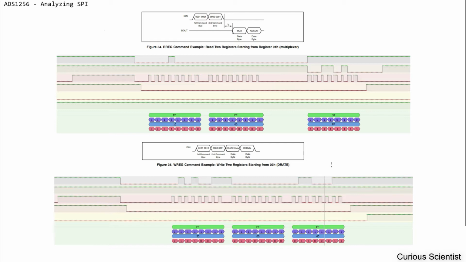Basically I have a microcontroller, which is now not an Arduino but an STM32F103, or blue pill microcontroller, and I have the ADS board, and between these two we have the SPI bus, which consists of basically 4 pins or 4 connections.